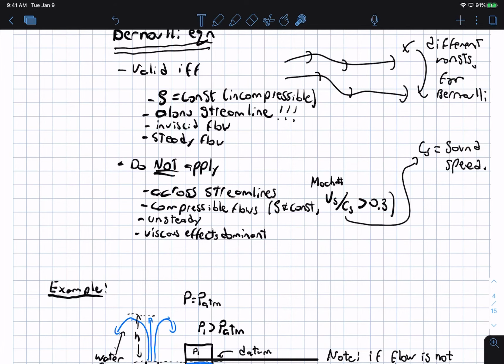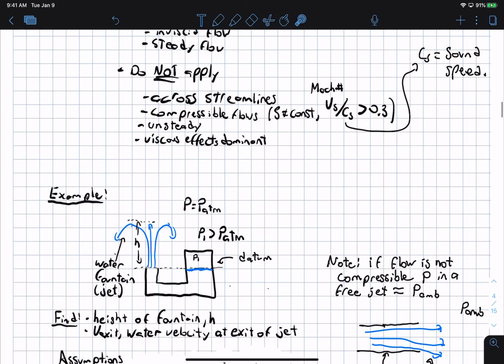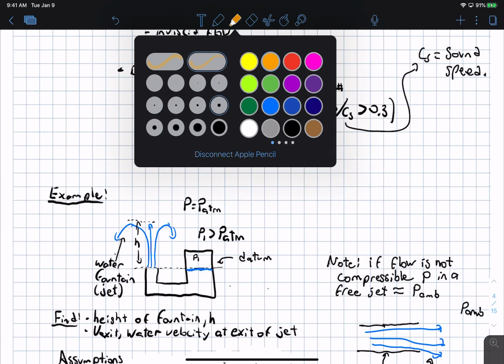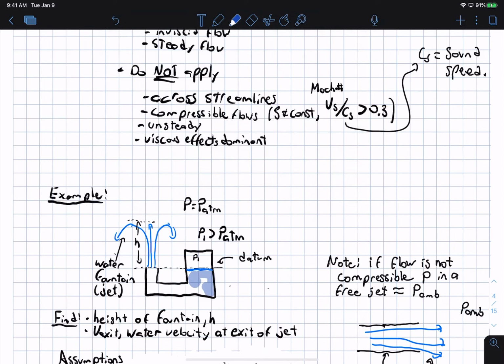So now I'll go through an example, where we have a pressurized tank containing some water, like this, and it is being used to drive a flow out to make a fountain.